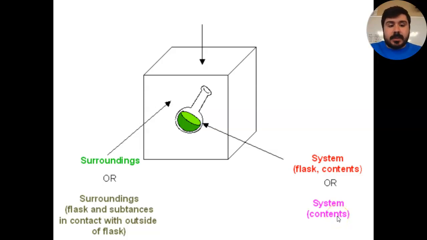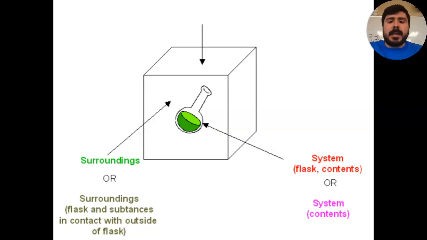If you're studying the system as just the contents of the flask, the green liquid here, then your surroundings might change a little bit. Because if you're studying the flask and the contents, the flask would become the system and no longer be part of the surroundings. But if you're studying the system as just the contents, the green liquid, then your flask would actually be, at least part of, the surroundings.